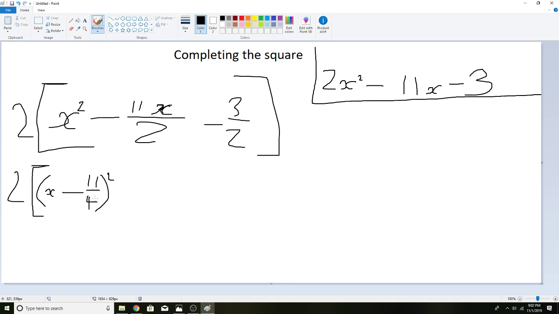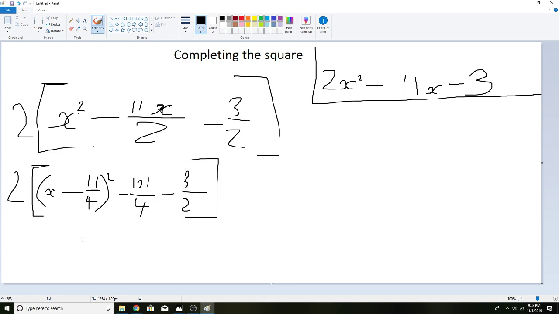Now we need to know what 11 over 2 squared is. So it'll be something over 4. So 11 squared is 121, because 11 times 10 is 110, add another 11, 121. Over 4, minus 3 over 2.